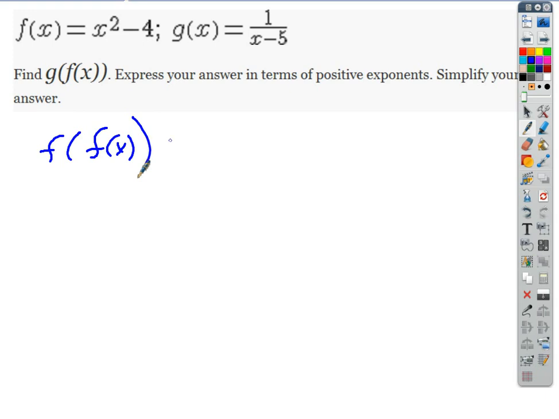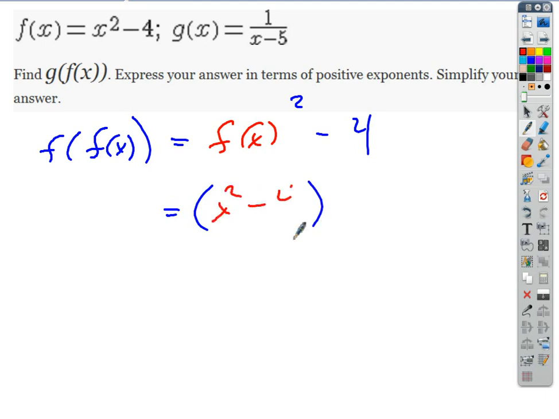So that's just going to equal whatever's being fed to it, squared, minus 4. Well, what's being fed to it is f of x, which is the quantity x squared minus 4. So that's my answer: the quantity x squared minus 4, squared, minus 4. You don't have to go any further than that.